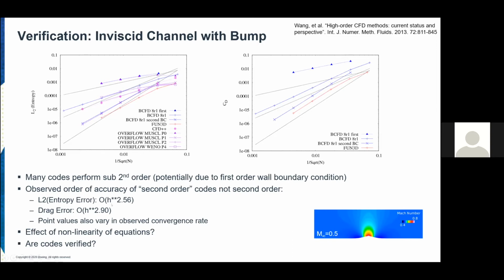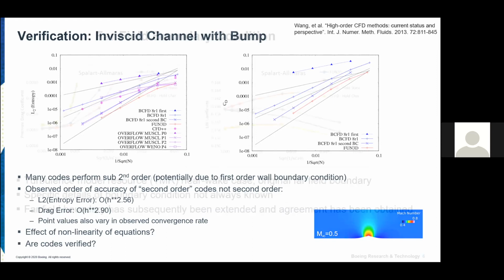Similarly, if you look at the point values, you'll see that depending on where you sample, you end up getting different convergence rates. So this starts to make us recognize that what we thought was a simple case is actually a much more challenging example than first blush would indicate.